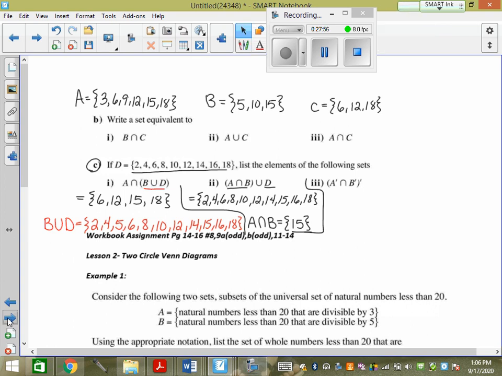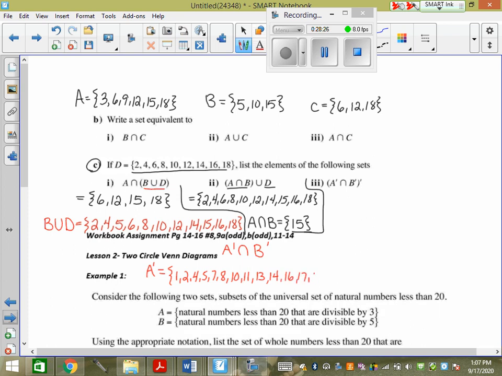The last one is the most work. So I need what's in not A and not B. So I need what's in both of those nots, and then I have to do the not of that. So we're going to go not A and not B. I have to do my not A first. Not A equals 1, 2, 4, 5, 7, 8, 10, 11, 13, 14, 16, 17, and 19.